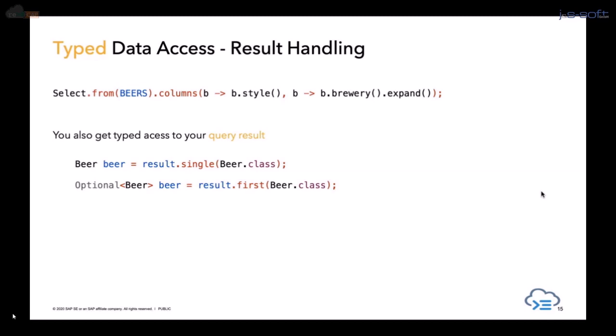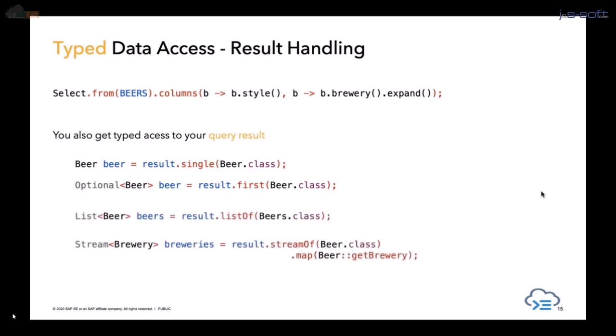If you expect an optional result, you can use first, and we also support this for lists. Via just listOf, you get a list of this interface. And if you prefer to work with the Java 8 streaming API, we can also support this via streamOf. And then you can, for instance, go on with map, and map here in this case from the beer to the brewery.